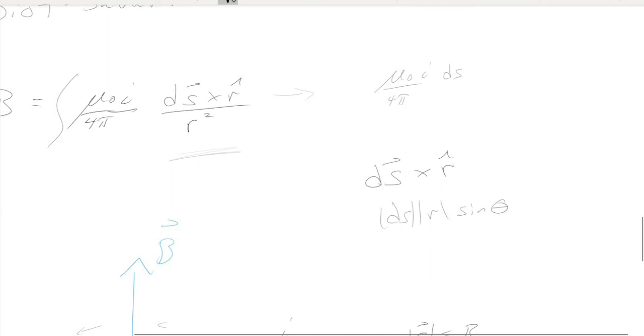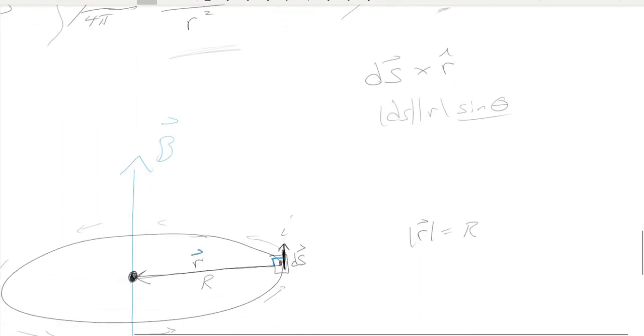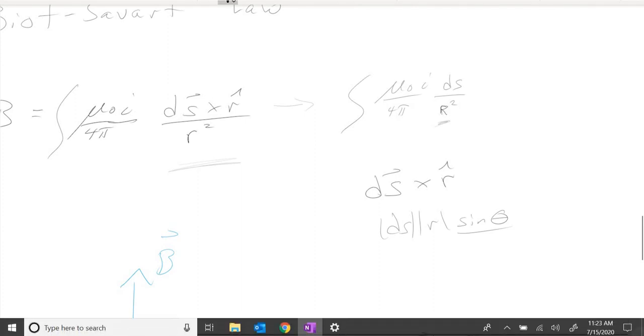We have ds, and then sine theta also evaluated to a 1. Now, ds is currently the variable that we're integrating with respect to, but little r is just the radius of the circle. So little r can be replaced with big R, which is a constant.